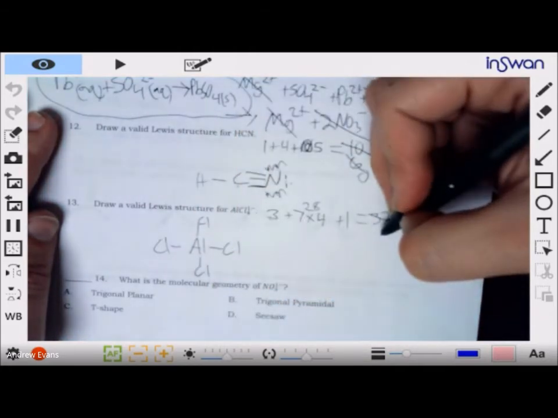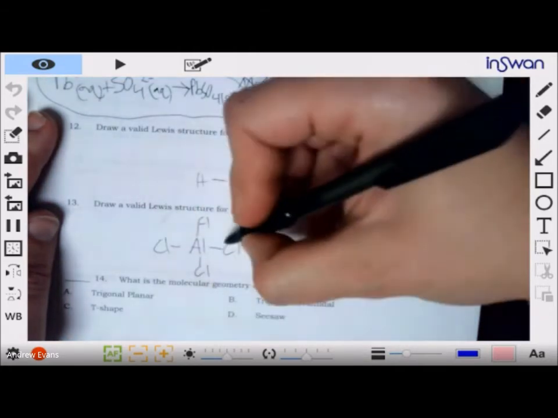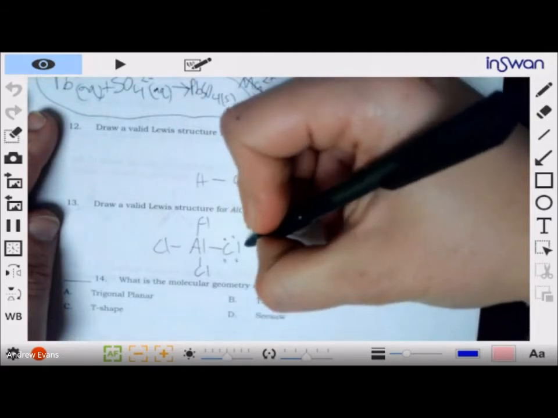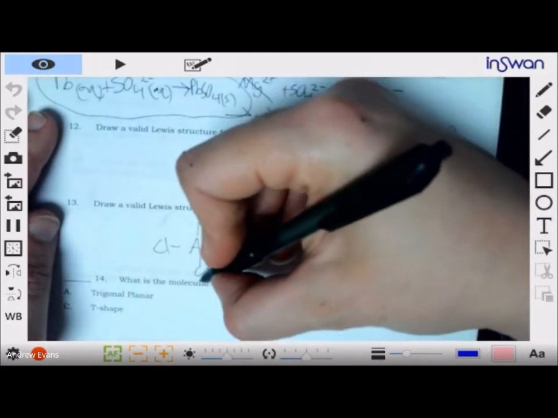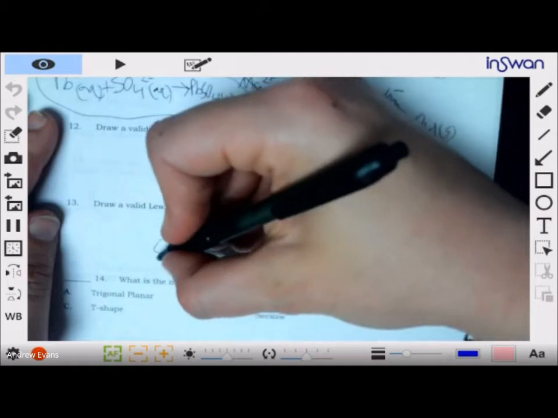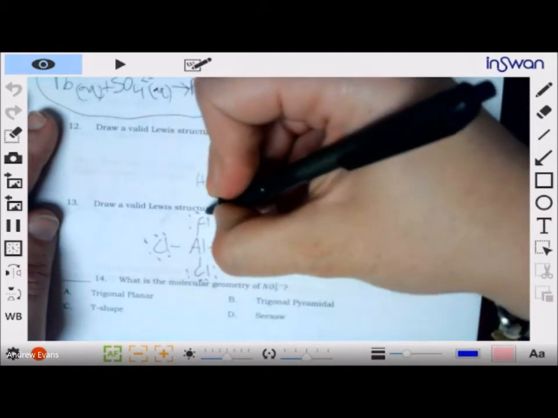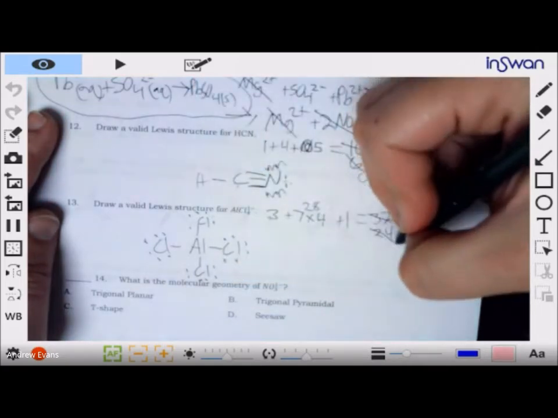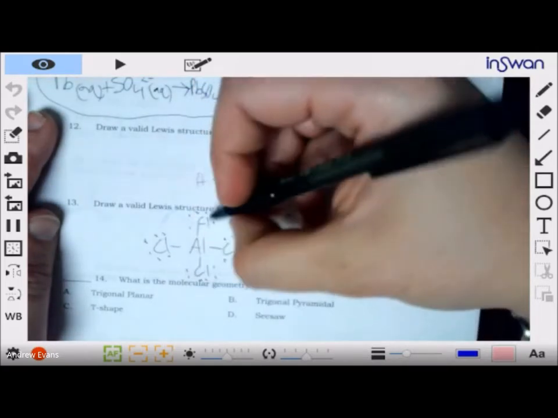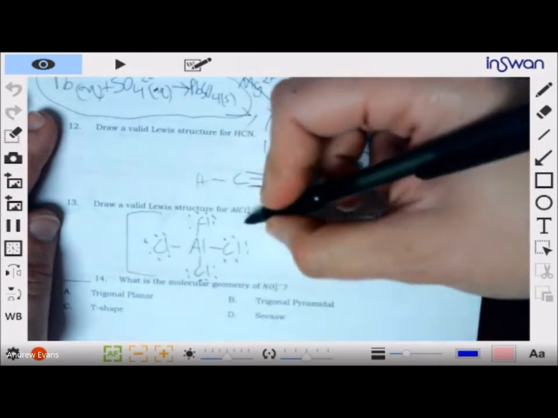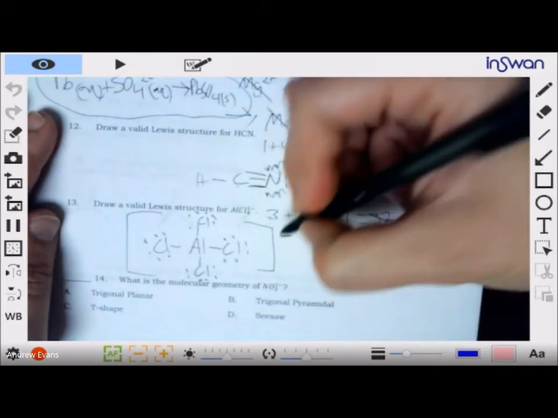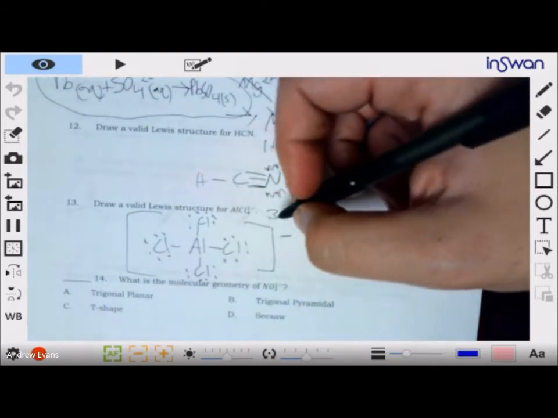That uses 8, so we're down to 24. 1, 2, 3, 4, 5, 6 on each chlorine. That uses up all 24 electrons. That is a valid Lewis structure. That's all you have to do. That one's not that bad.